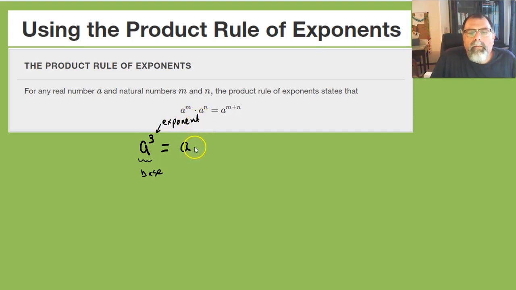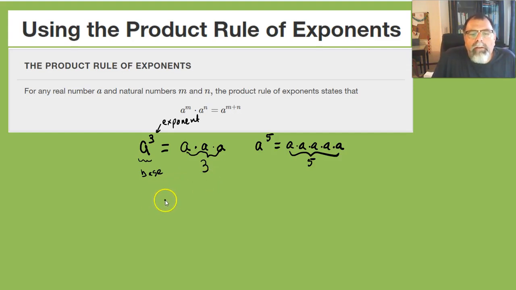That means a times a times a. And if I had a to the fifth, that's the same thing as a times a times a times a times a. You're going to have 5 factors of a. A to the third, you're going to have 3 factors of a.